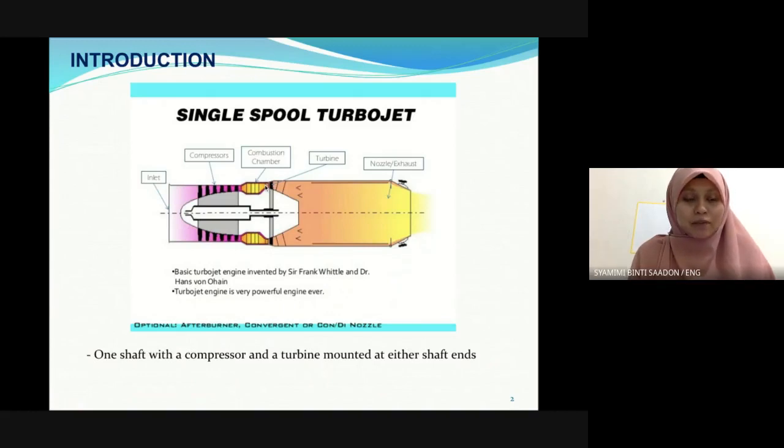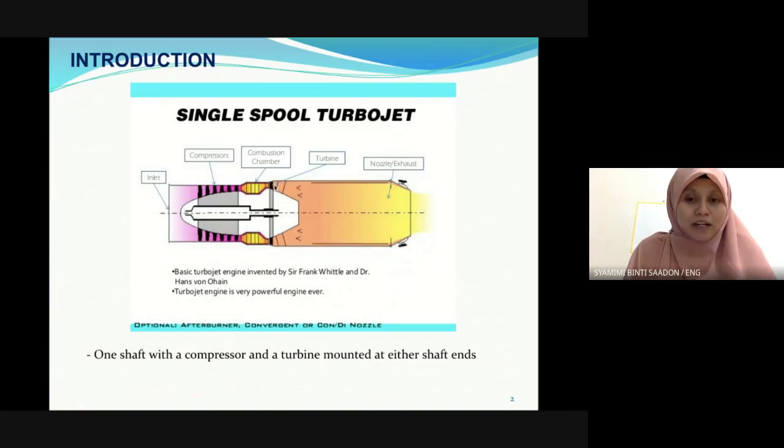We call it the burner heater. And then the temperature will heat up until the inlet of the turbine. The inlet of the turbine usually will be the highest temperature achieved by the fluid inside the engine. The highest temperature achieved is the turbine inlet temperature.